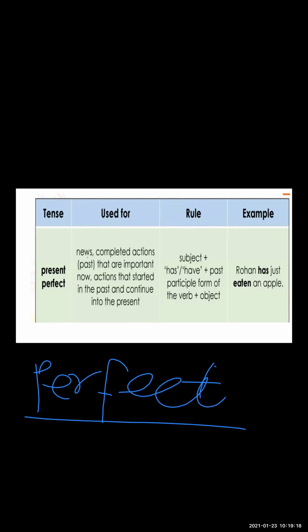After that, the past participle form, that is the form we use for the present perfect tense. Eaten. Rohan has just eaten an apple. He finished eating an apple, but the action is important right now also. I took the helping verb has to give my present perfect tense.